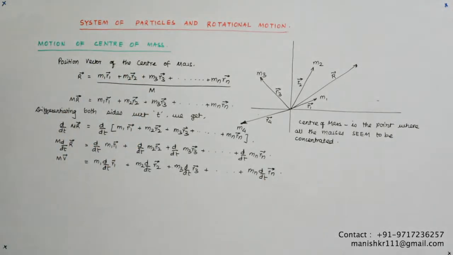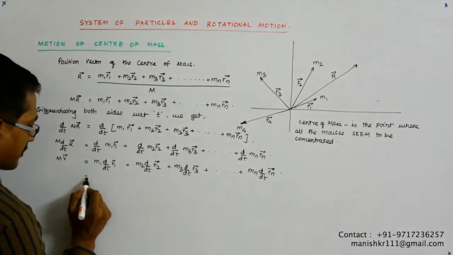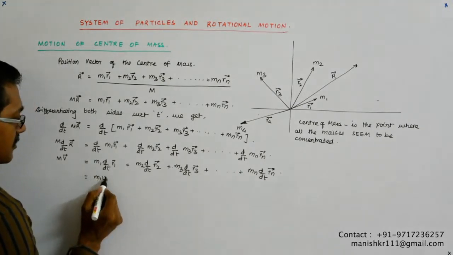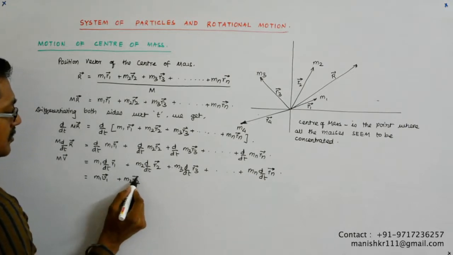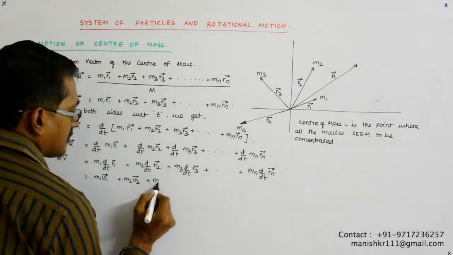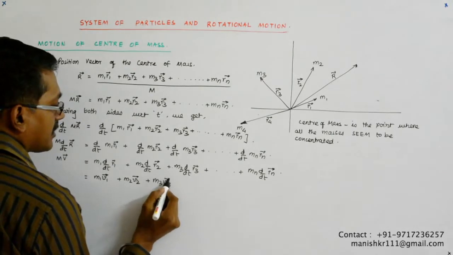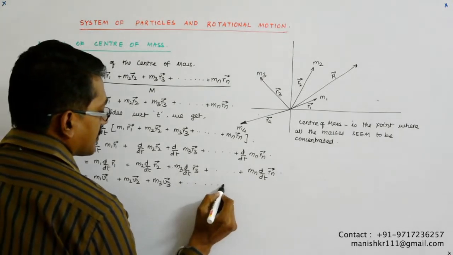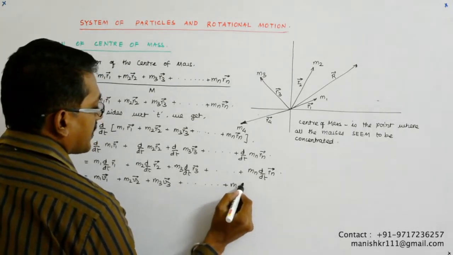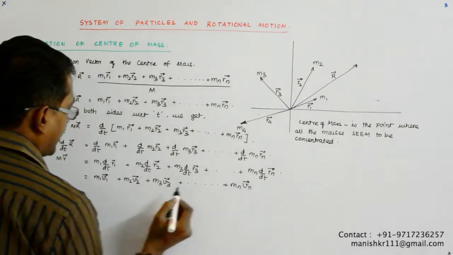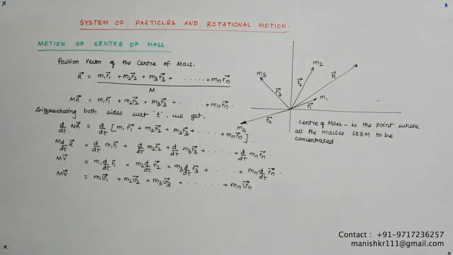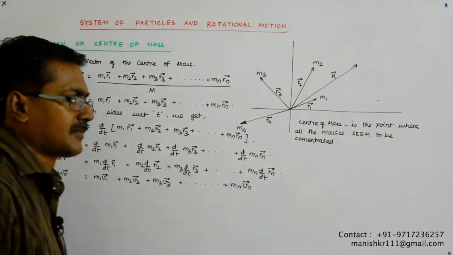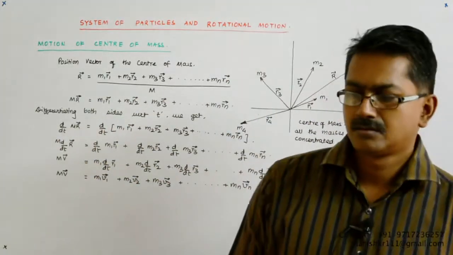Now what is that equal to? This is equal to m1 v1 plus m2 v2 plus m3 v3 plus mn vn. Correct?